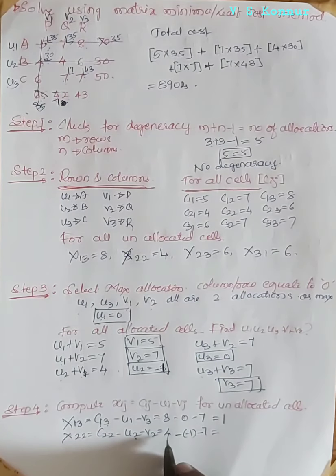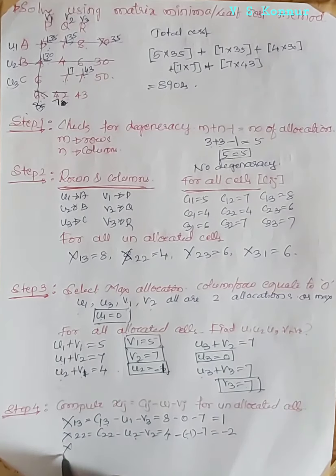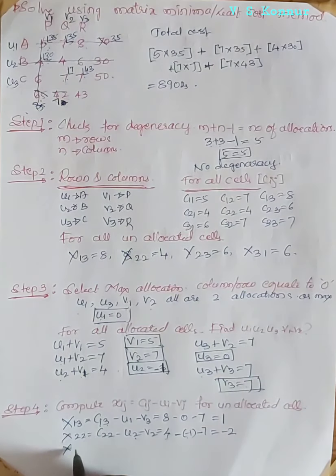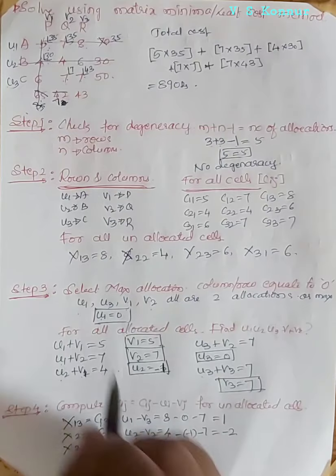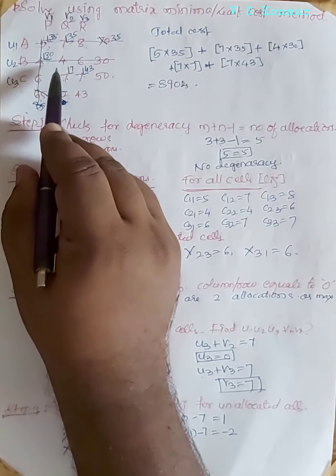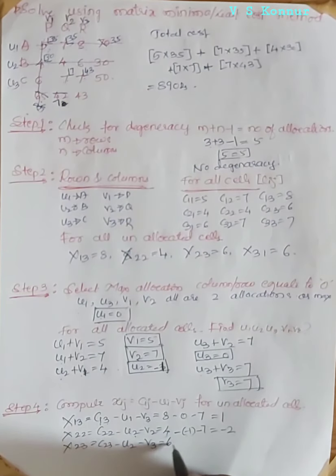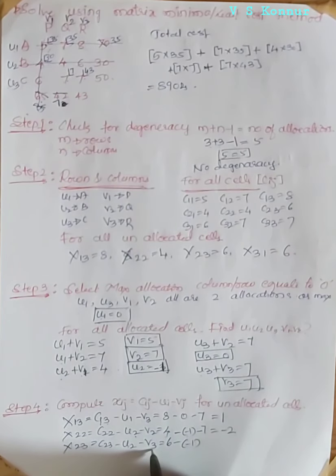So that is 4 plus 1, 5, minus 7, minus 2 we will get. Next, X23 is equal to C23 minus U2 minus V3, that is C23 is equal to 6 minus U2 minus V3.